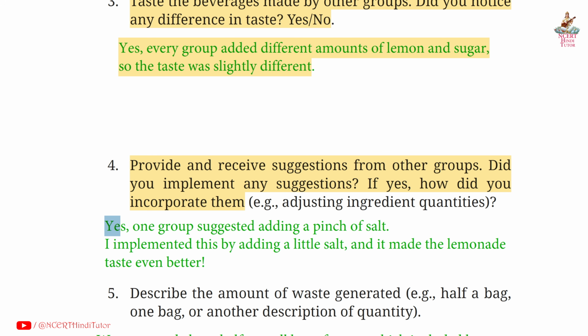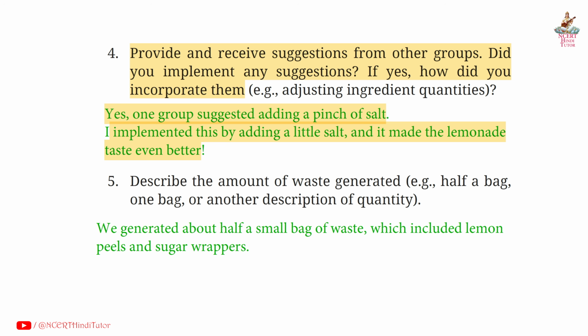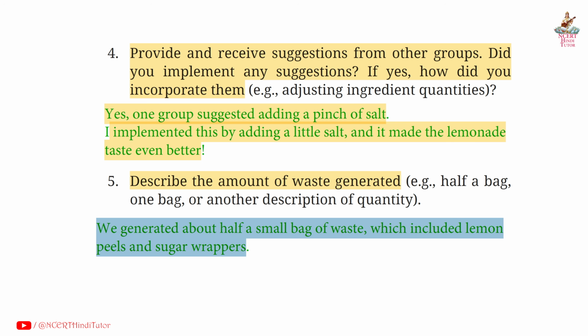Answer: Yes, one group suggested adding a pinch of salt. I implemented this by adding a little salt and it made the lemonade taste even better. Question 5. Describe the amount of waste generated. Answer: We generated about half a small bag of waste which included lemon peels and sugar wrappers.